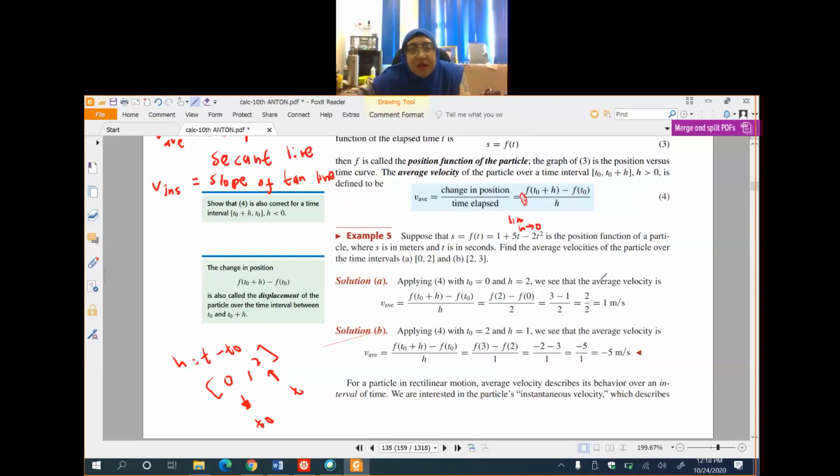Substituting in the equation, f of 3 gives you negative 2, and f of 2 gives you 3. So negative 2 minus 3 divided by 1, you get negative 5 meters per second. So that is the average velocity for the second interval, 2, 3. Is it clear? So that is for the average velocity.